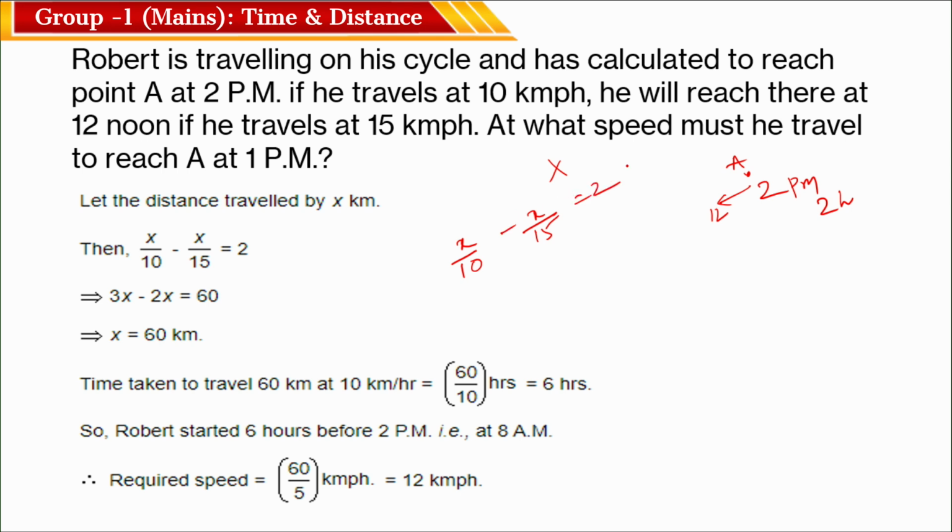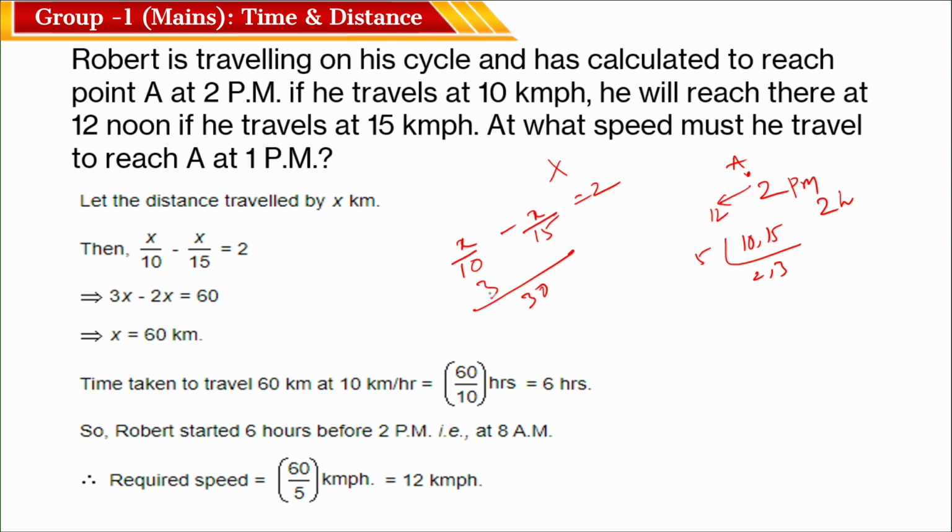So, you have to simplify this. 10 and 15, what is the LCM for it? 5 2s are 10, 5 3s are 15, so 2 3s is 6, and 6 5s are 30, so the LCM is 30.